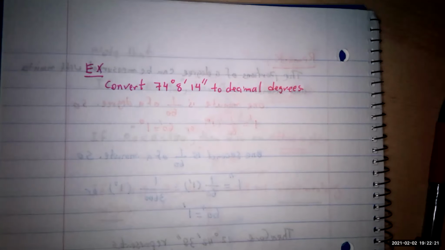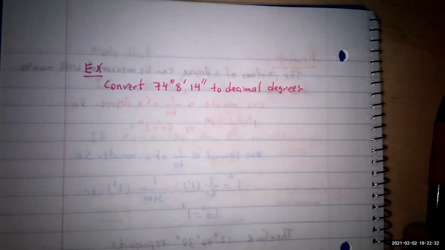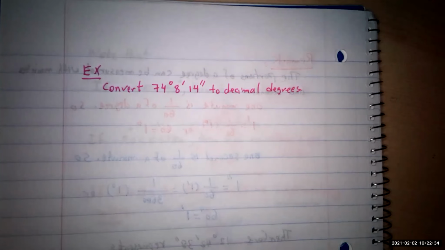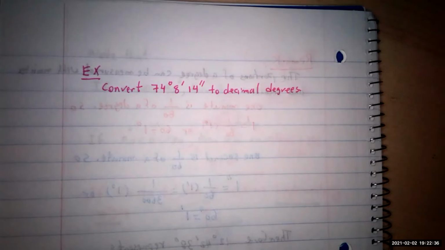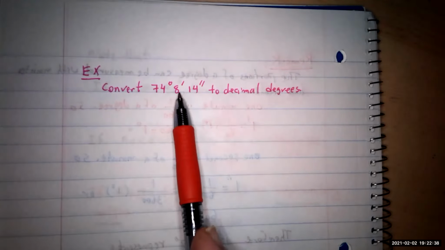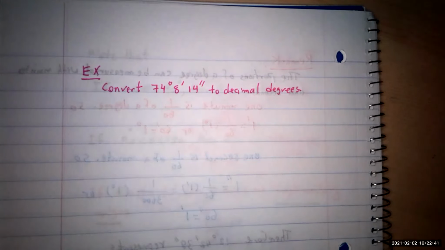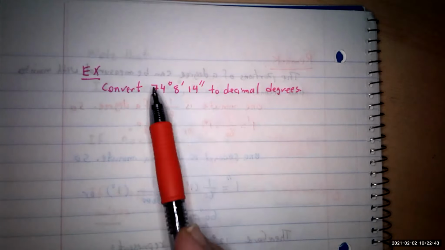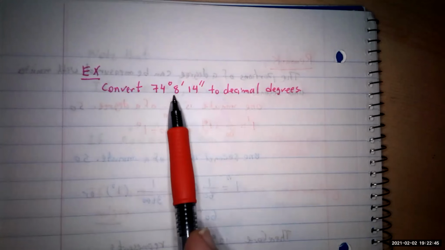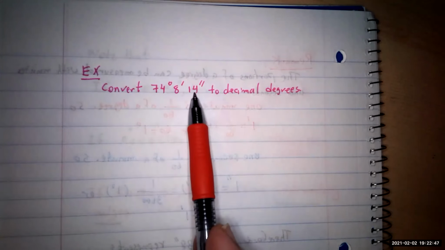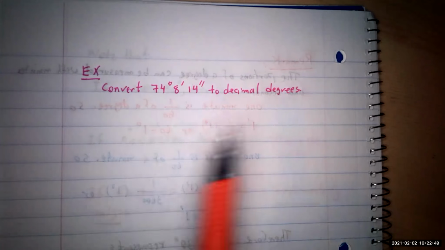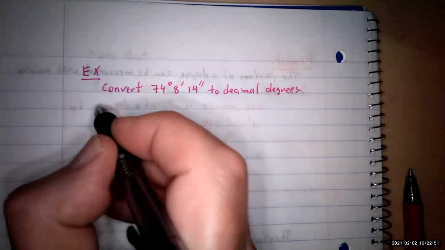You have to do it the other way around to get those numbers. So we keep the 74, and then you have to make these smaller because you have to change everything into degrees. To change the minutes into degrees, you have to divide. And to change the seconds, you have to divide. So you divide this one by 60, but this part you divide by 3600. So this is going to be the solution.